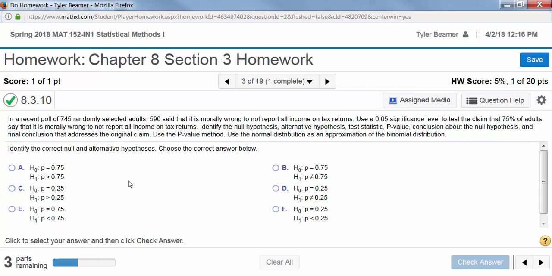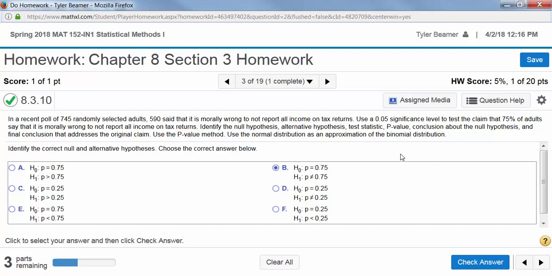So in that case, we are doing a not equal to alternative hypothesis. So B should be the correct answer here, where the null hypothesis is p equals 0.75, and we are testing an alternative hypothesis saying that it is not 0.75. So we are using the not equal to symbol here.